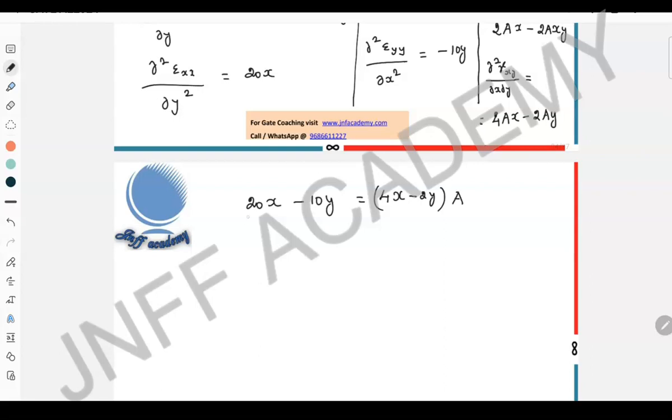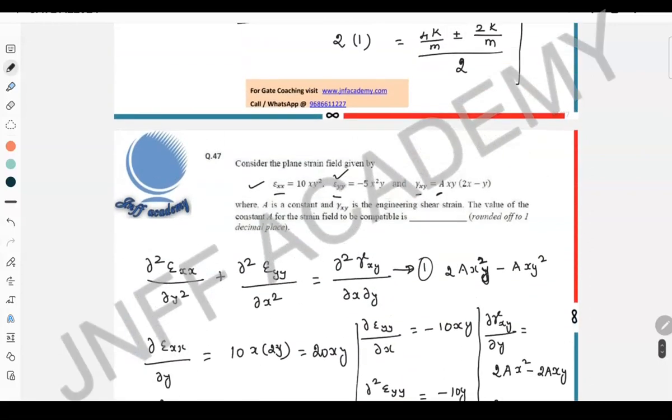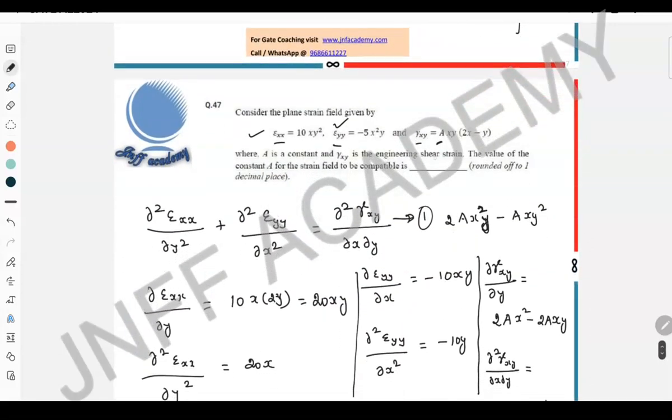Now we can go for the coefficients on both sides. You can equate the coefficients on both sides. 20 times of x is equal to 4a x. X we can cancel, a is 5. So the unknown constant a is 5.